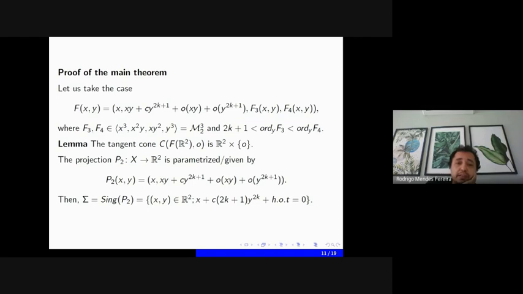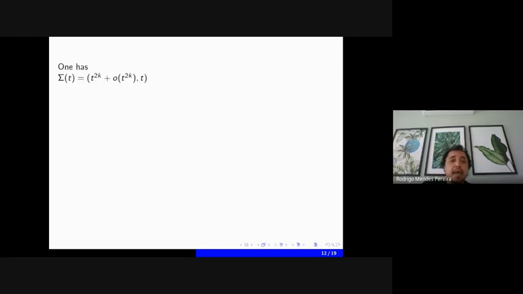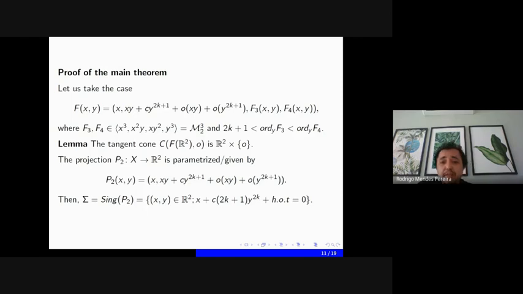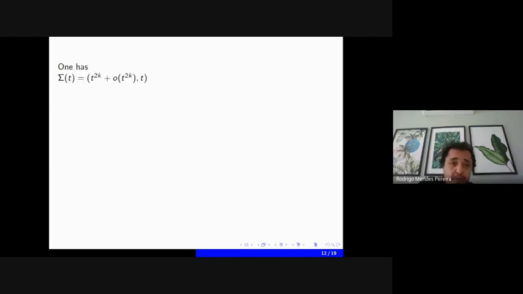You can take the singular locus of these projections, this analytic set is a graph of x, just computing the partial derivatives. Then you parameterize the singular locus and compose with the parameterization, and you have exactly the parameterization of the bundle of the discriminant.